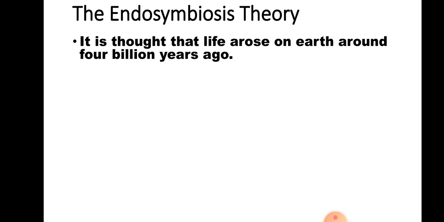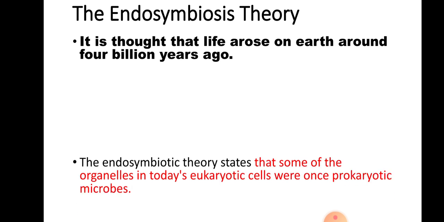It is thought that life appeared on Earth around 4 billion years ago. When you think about the origin of life, it means life exists on Earth around 4 billion years ago.